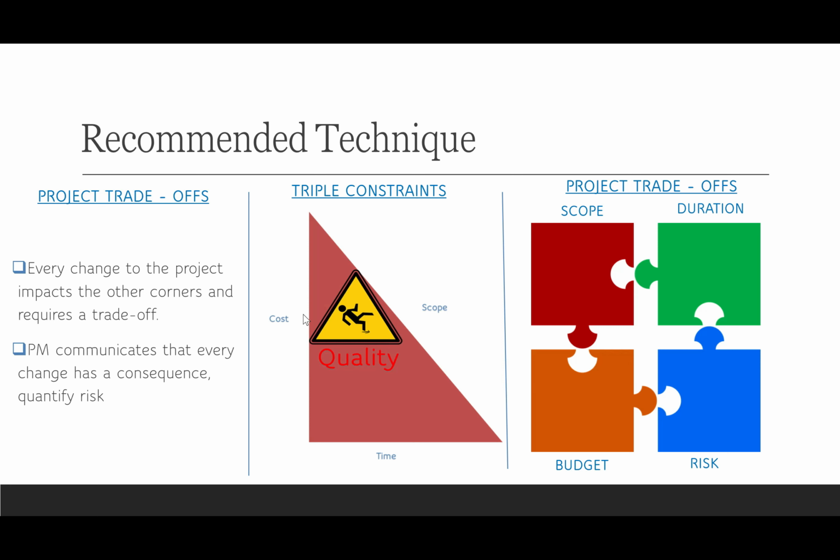Now, project trade-offs is a little different from triple constraints. You're still dealing with your scope, duration, and your budget. Those are still there. And again, if any of those sides or corners is changed, it's going to impact one of those other corners. Now, we're going to make this a lot more robust by adding one additional component, which is the risk component.